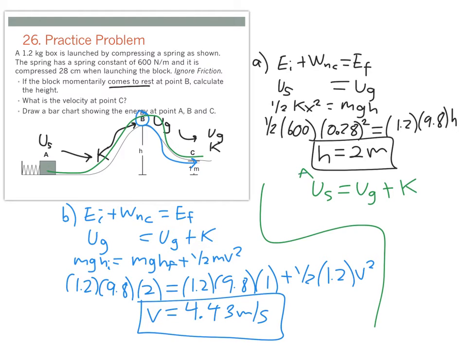So we're going from point A here all the way to point C, whereas with this one, I just went from point B to point C. Either one is valid because as long as we account for all the energy that an object has at one point in time, in this case point A, and all the energy it has at a later point in time, point C, and we account for any work done in between, which in this case was 0, this equation is going to work. So as long as you account for all the initial energy, all the final energy, and any work done in between, it doesn't matter what 2 points in time you pick.